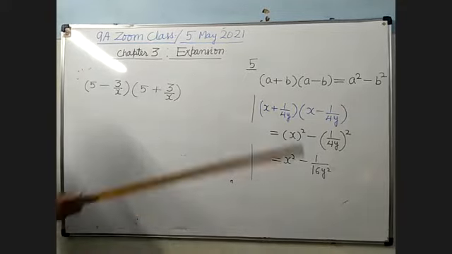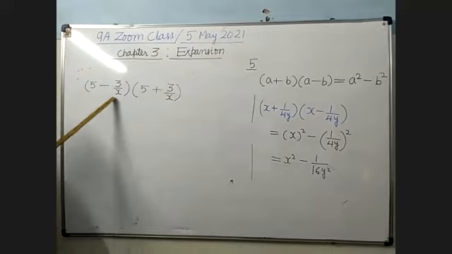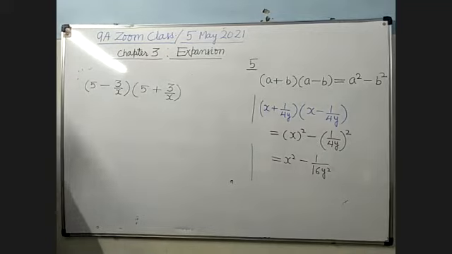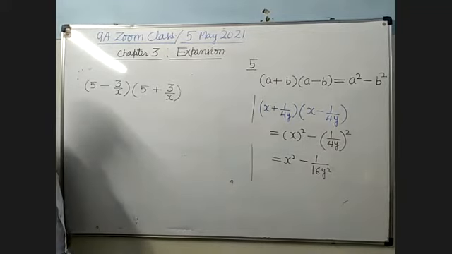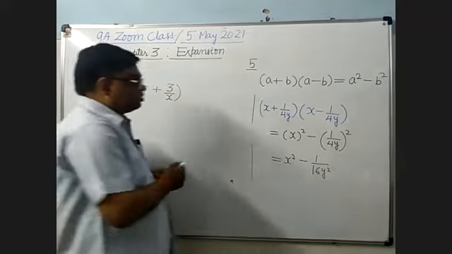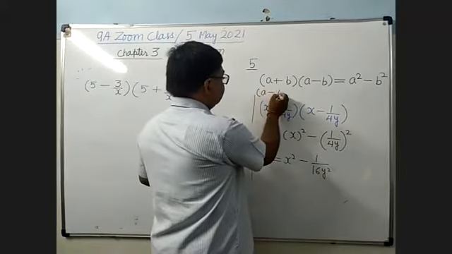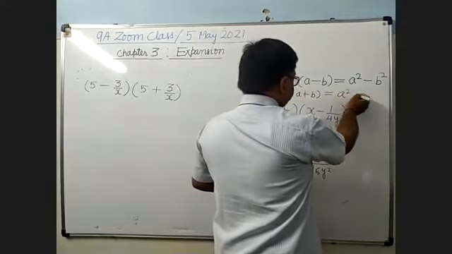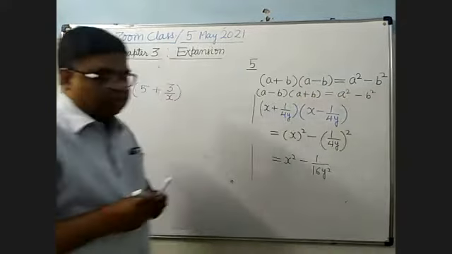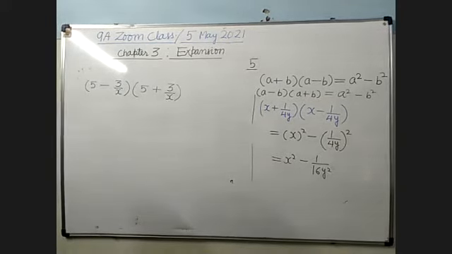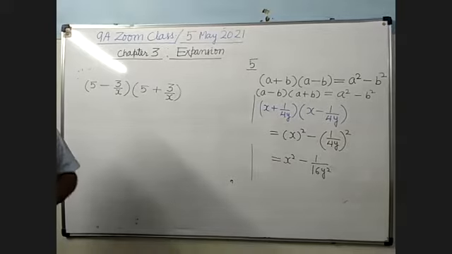Only the difference is, here the minus bracket is written first and the plus bracket later. It's clear? But as you know, in multiplication you can write in any way, a plus b into a minus b or a minus b into a plus b. Both will be equal to a square minus b square. It is clear?